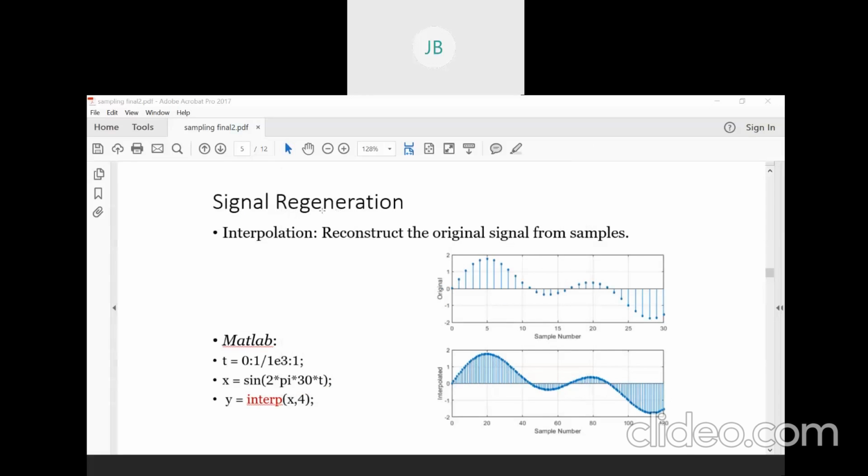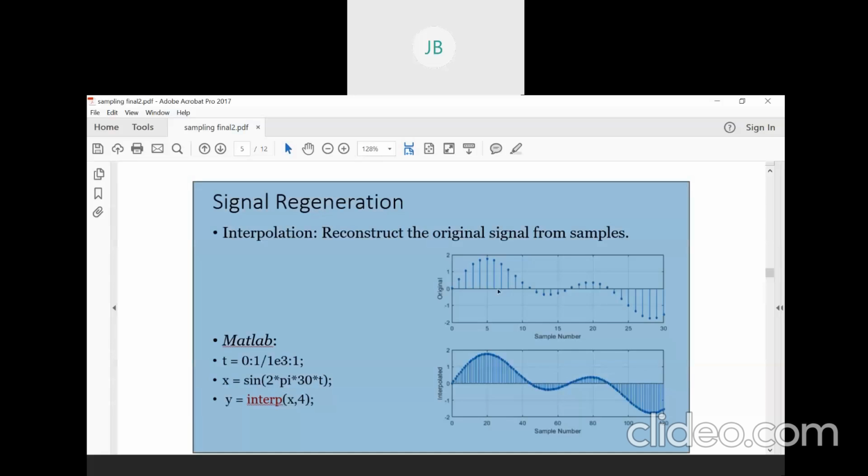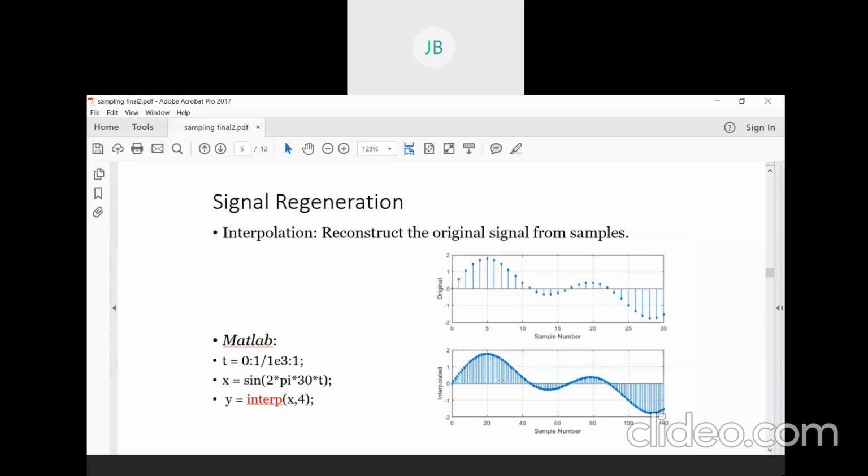Okay, let us see the other part, that is regeneration of the signal. Until now, we have seen how to sample the given continuous analog signal. Now we will see how to reconstruct the signal. We use the interpolation method to reconstruct the original signal from the samples. The first figure shows the sampled signal, and the second figure shows the reconstructed signal using the interpolation method.